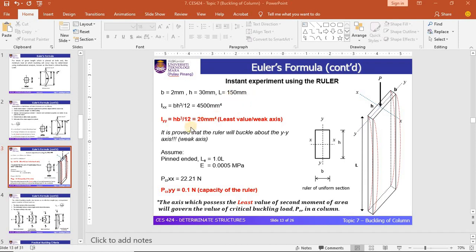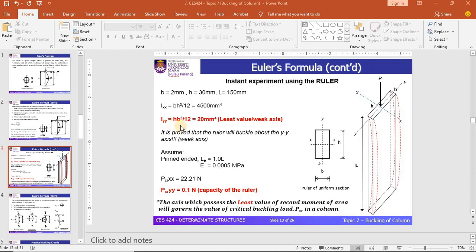We know that I is equal to BH cubed over 12, and by substituting the values of B and H, you can see that I-x-x is equal to 4,500 mm^4. Meanwhile, in the y direction, the equation changes to HB cubed over 12, and by substituting the values of B and H, I-y-y is equal to 20 mm^4. Obviously, the least value of I is for the y-y axis.